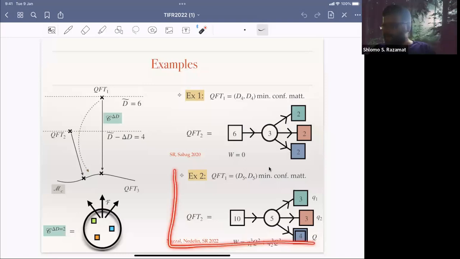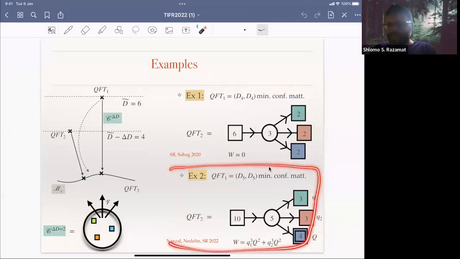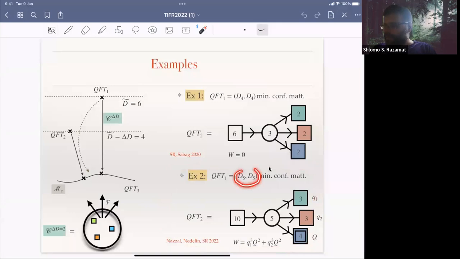Okay, so thank you very much for all the questions. Please ask if anything is bothering you. So here is another example. Here I start from a different 6D theory, just a different theory in this family of D-type conformal matter. And the claim is that, again, we get a simple theory in 4 dimensions.